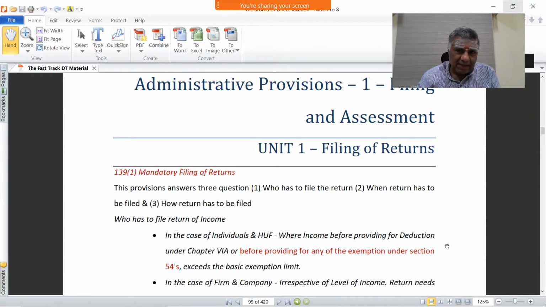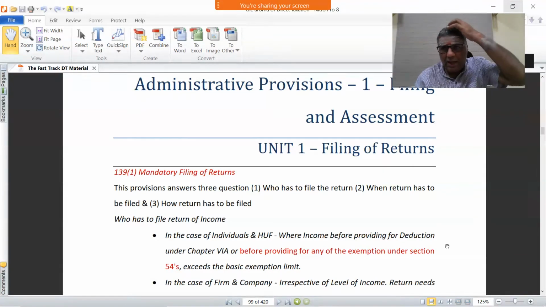The process for the assessee is just one: file your returns. After that, the assessee is going to be a responder. If a question is asked, he needs to respond to that question.